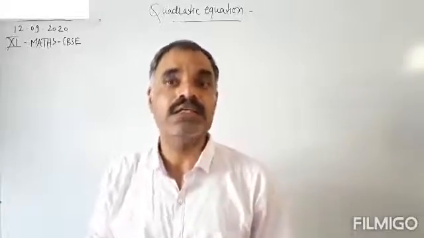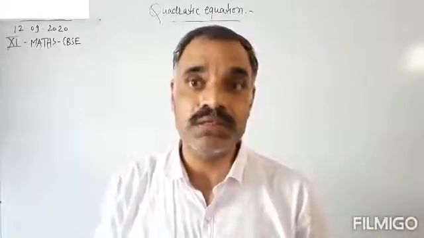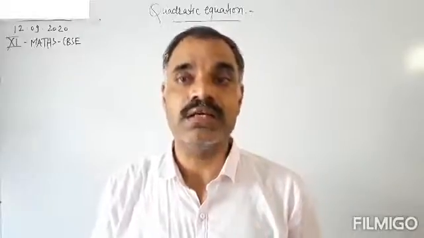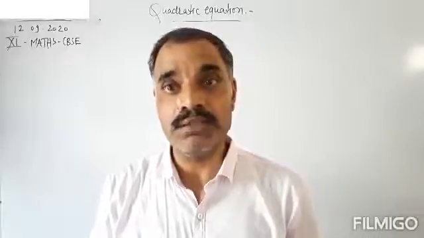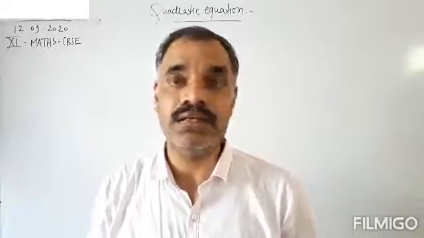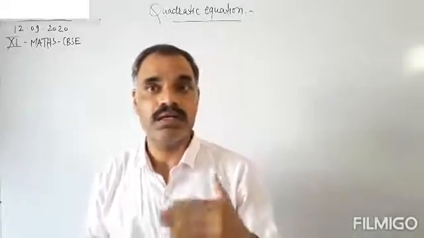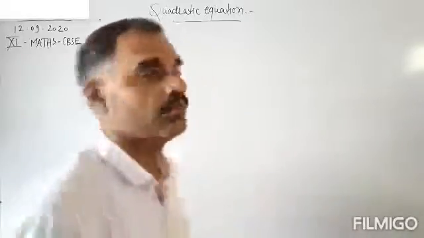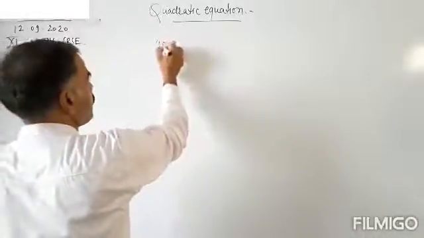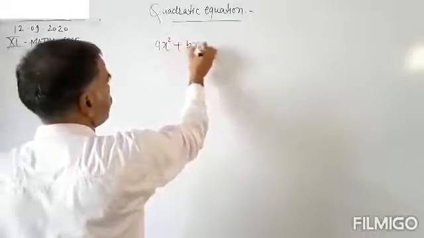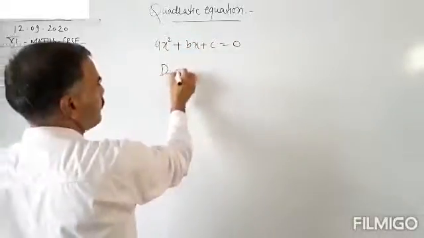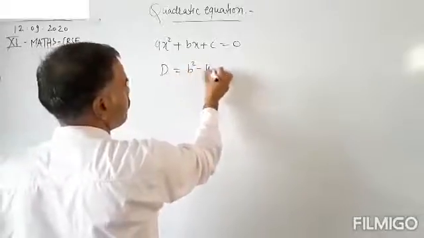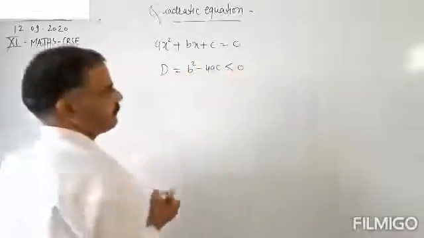Third case, that is D is less than 0, means we will have the explanation of the quadratic equation in which the discriminant D is less than 0, that is b square minus 4ac is less than 0. So if the given quadratic equation is ax square plus bx plus c equals 0, then the discriminant D is b square minus 4ac, which is less than 0.